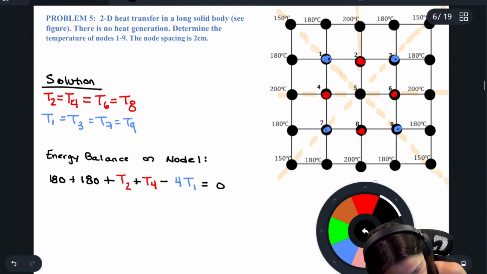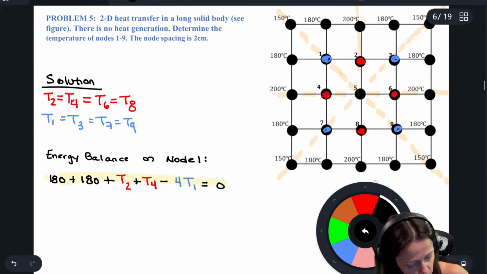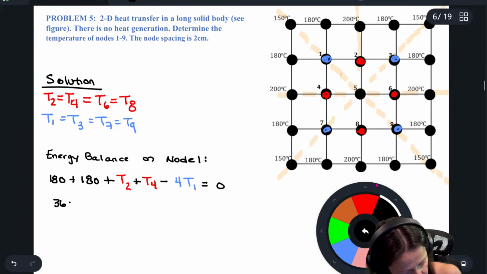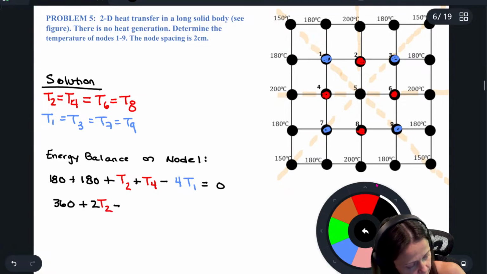I want to kind of highlight this because that's one equation. In fact, I don't want to highlight it yet. Let's just rewrite that a little bit so that there's fewer terms. So this would be 360 plus 2 times T2 minus 4 T1 is equal to 0.